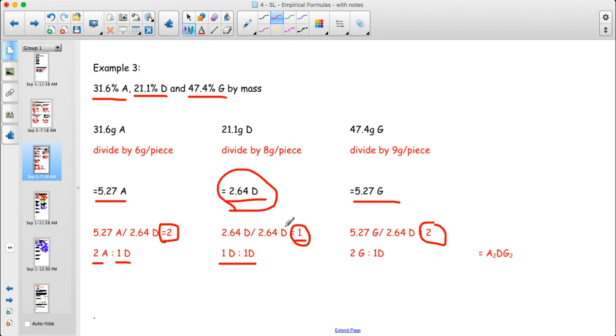So it's 2 to 1 to 2 is the ratio. A2 D G2 is how we'd write that as an empirical formula, chemical formula. You'd have 2 A's for 1 D and for 2 G's.